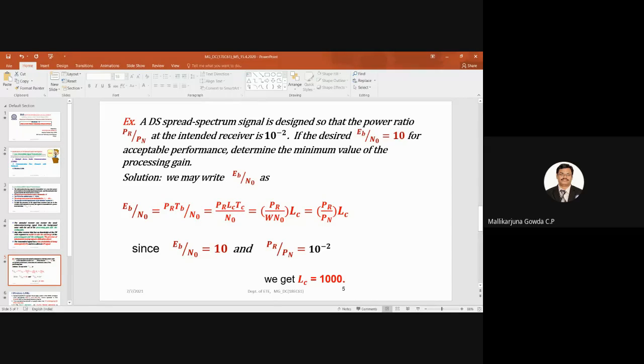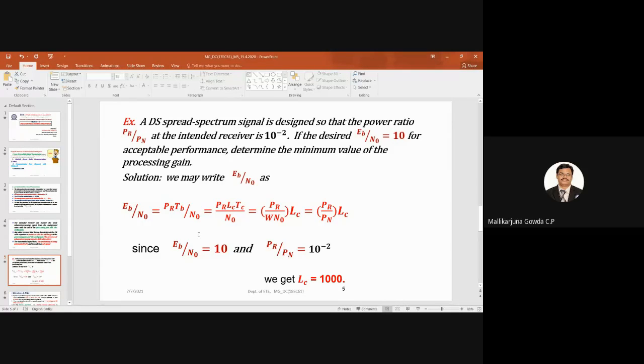So here as a solution, I said that this Eb by N naught can be written as, I discussed this expression yesterday also. Eb is Pr into Tb, so Pr into Tb by N naught I can write.